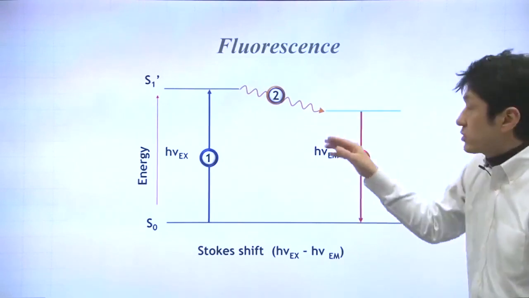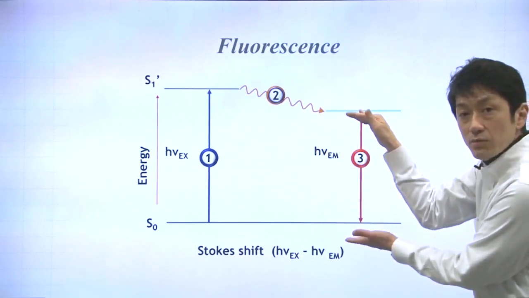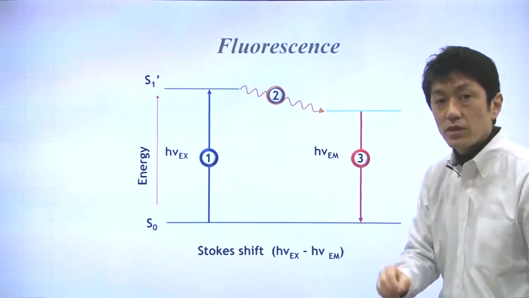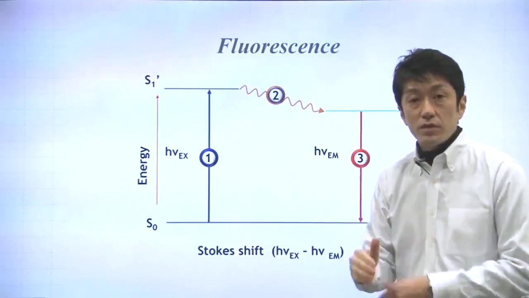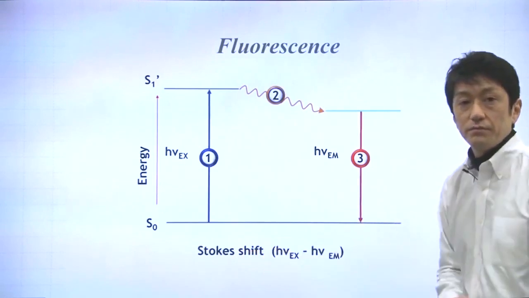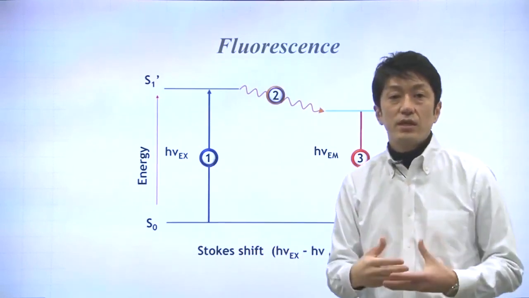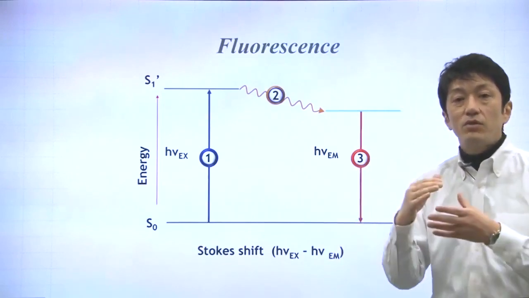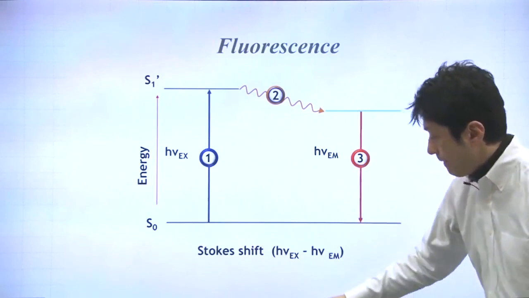Since the energy level is slightly lower here, the emitted light has a smaller frequency, which means a longer wavelength. This difference is called Stokes shift. As a result, the fluorescent molecule is excited by a light and emits a light with a longer wavelength.